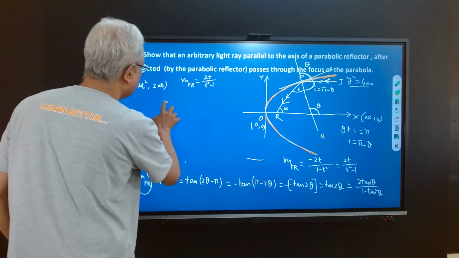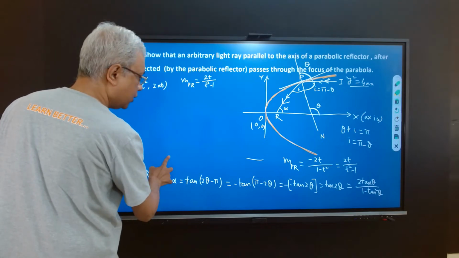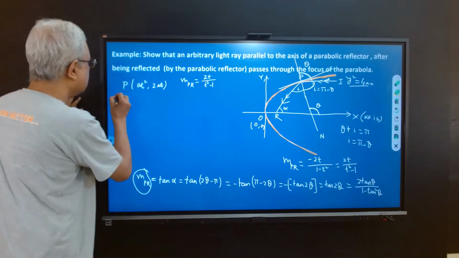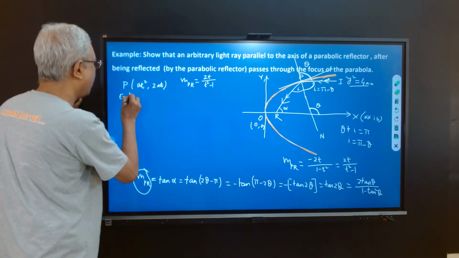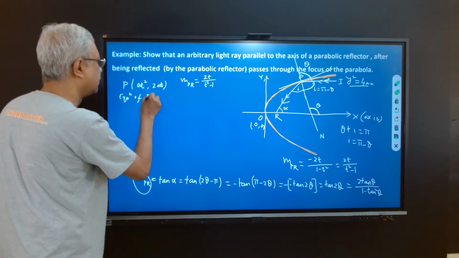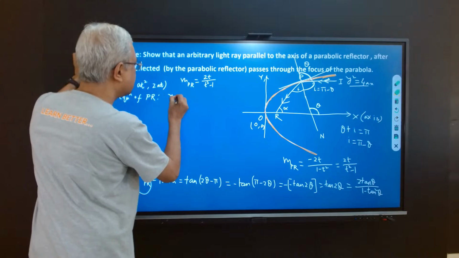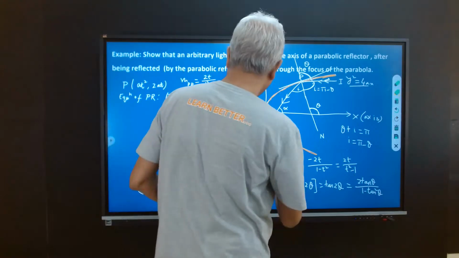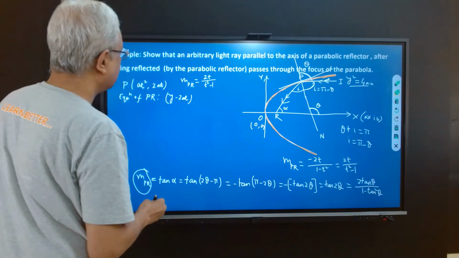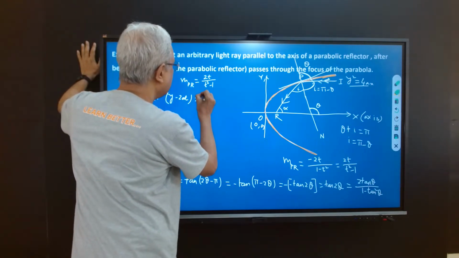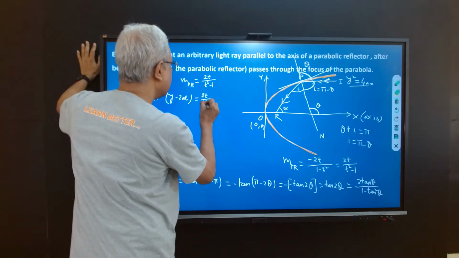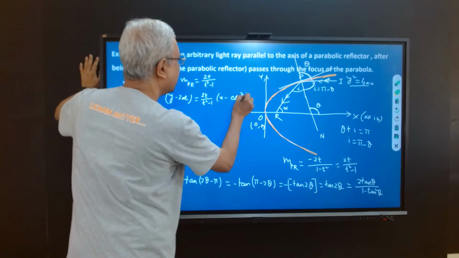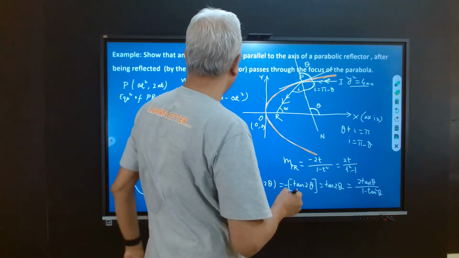The equation of PR is y minus 2at, a line passing through P and having gradient 2t by t square minus 1: y minus 2at equals 2t by t square minus 1 times x minus at square. So this is the equation of the line.